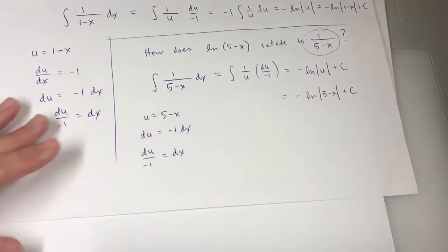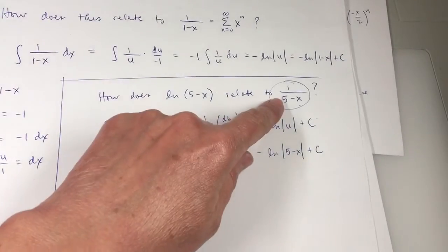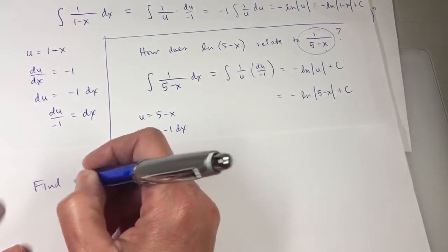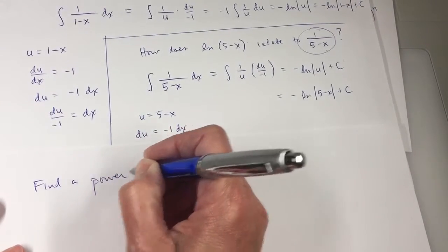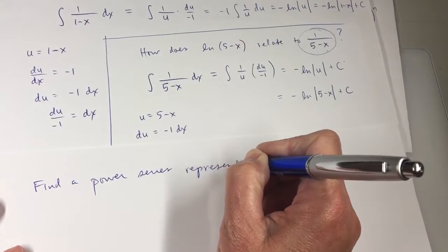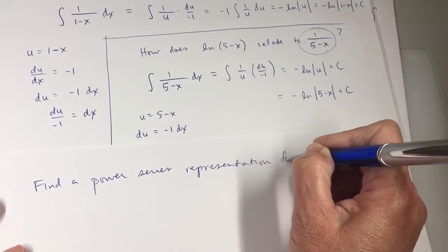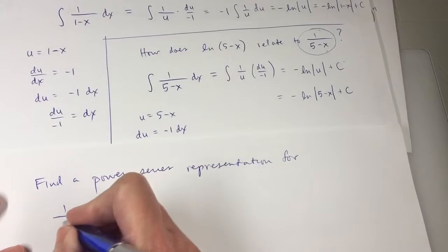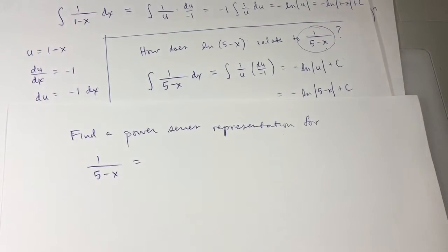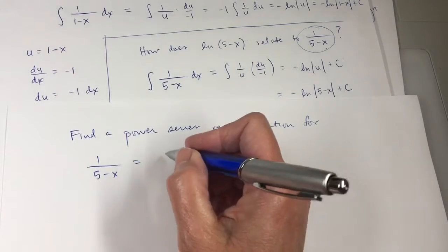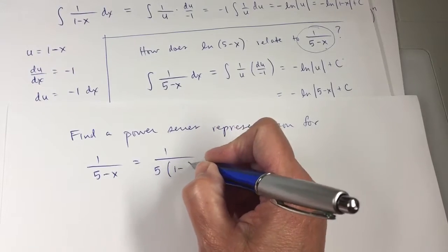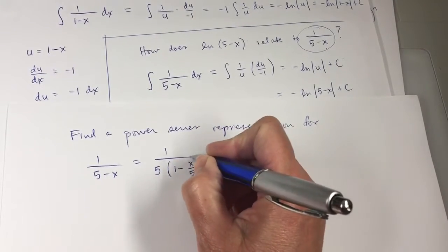And let's go ahead and find the power series representation for 1 over 5 minus x. Well, I need to factor out the 5. So that's 1 over 5 factors out 1 minus x over 5.